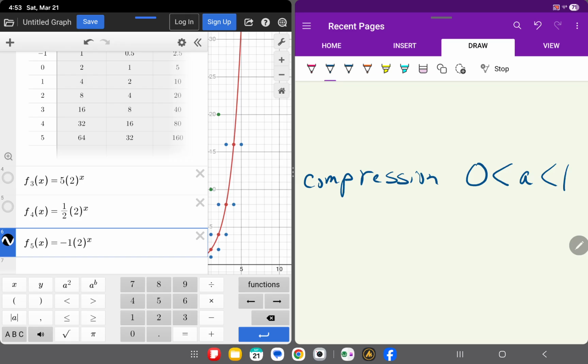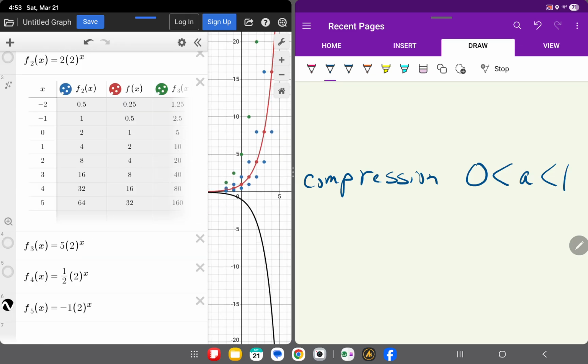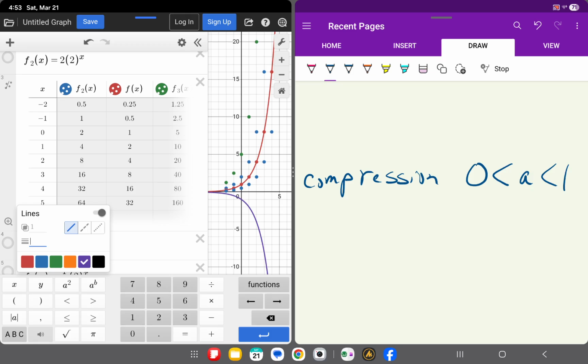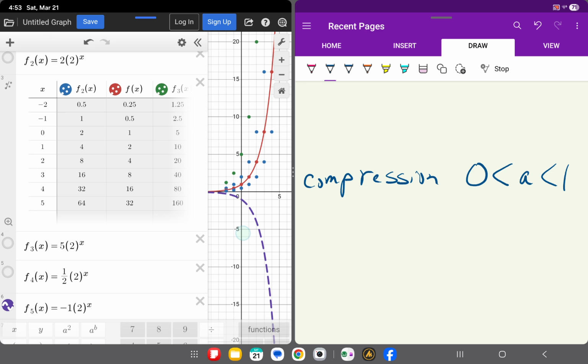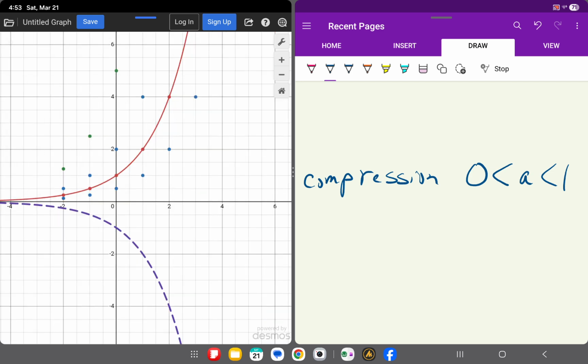I really don't like black as a color, so I want to make it purple, maybe like a 4, and I'm going to do that as a dashed line so we can compare the two. All right, go ahead and get that out of the way.